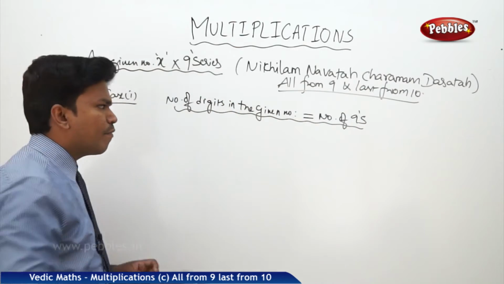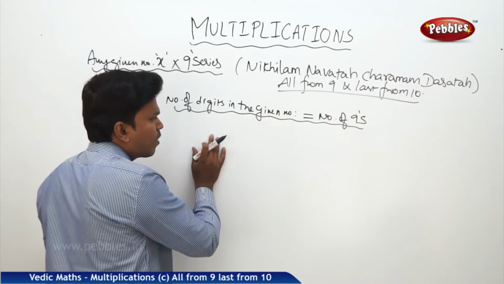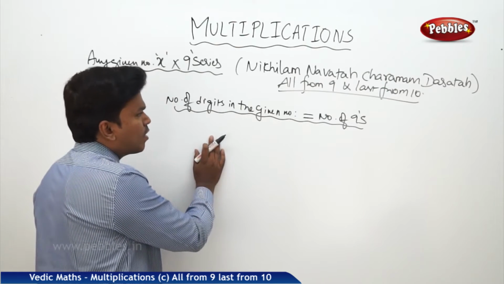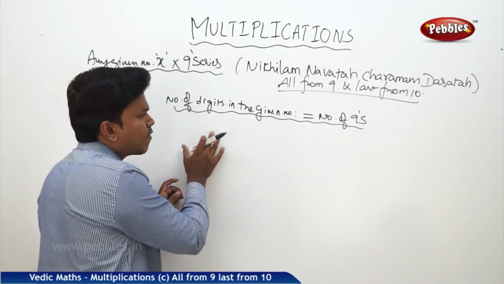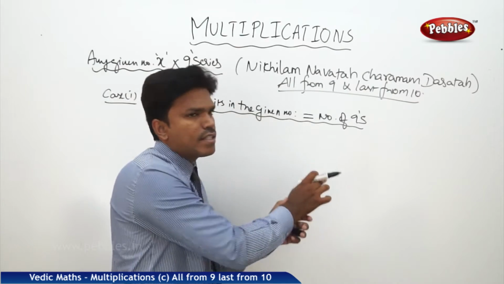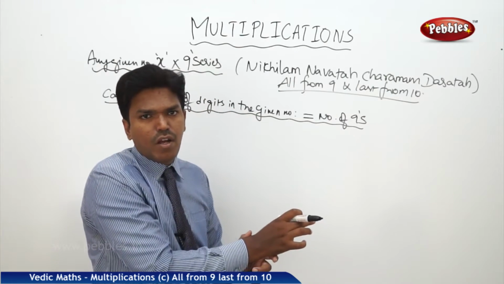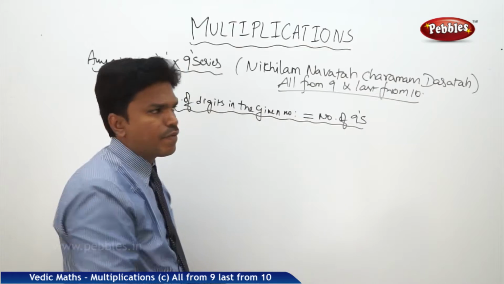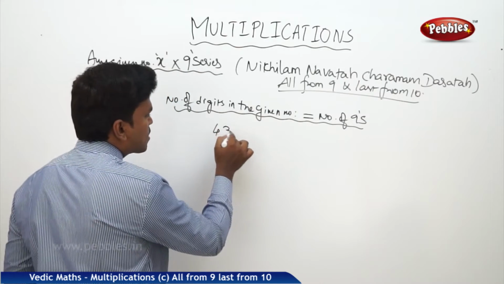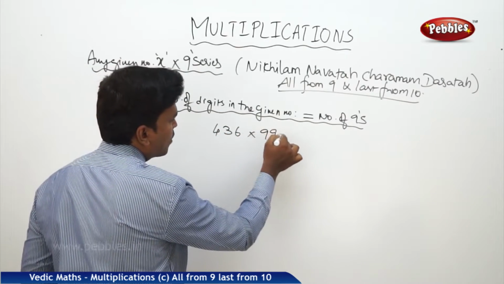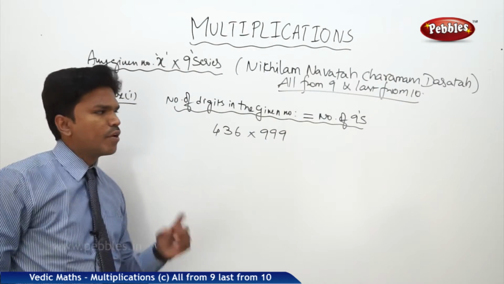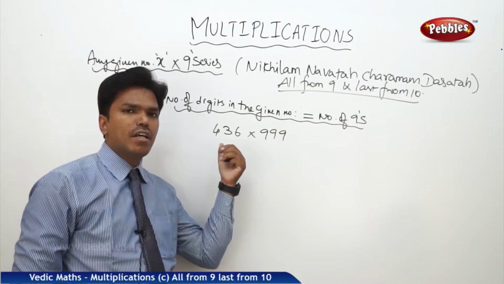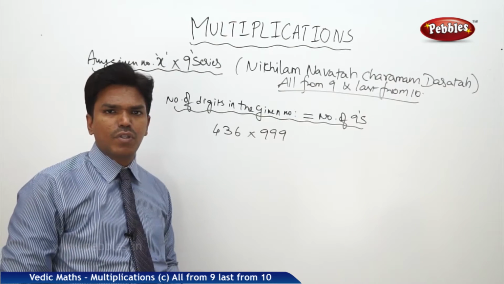That means whenever we are multiplying a given number, the number of digits in the given number is equal to the number of nines on the other side, which we are going to multiply. That is the case 1. For example, 436 into 999. How many digits are there in the given number 436?